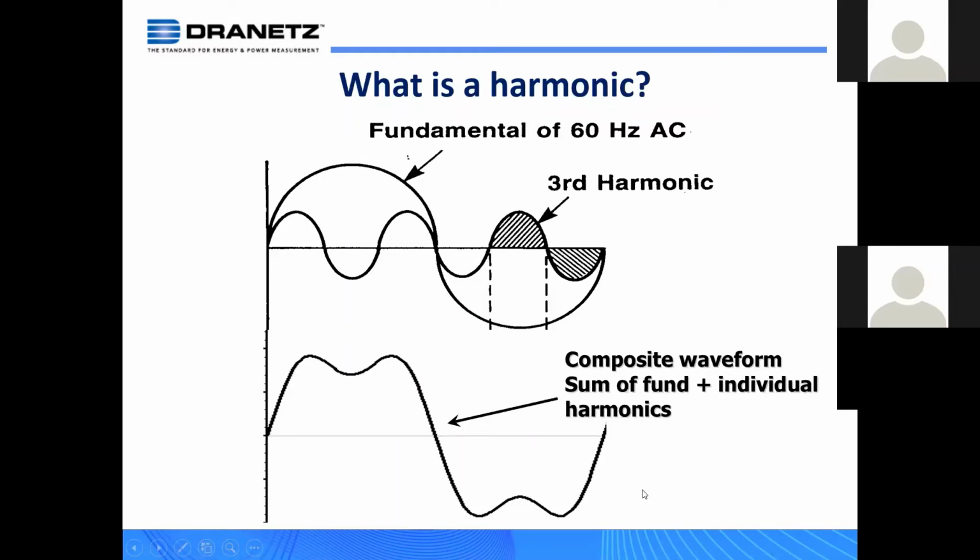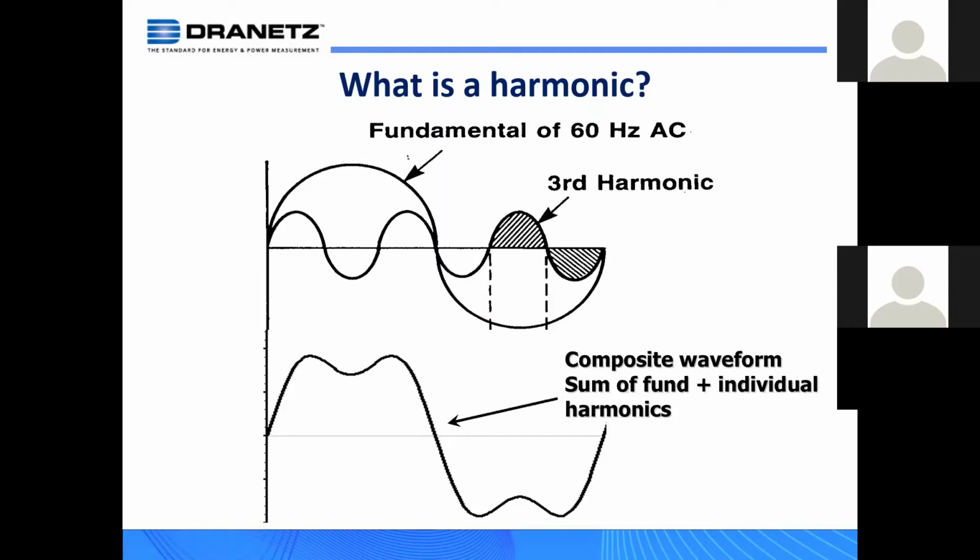But consider this bottom image what we call the composite waveform. If I take my HDPQ Plus from Dranetz, I plug it into my 120 volt outlet here, because we are in a 60 hertz system, and I measure the harmonic content, I'm going to get a composite waveform. That's that dirty waveform, whether it be voltage or current, that has the harmonic components in it.